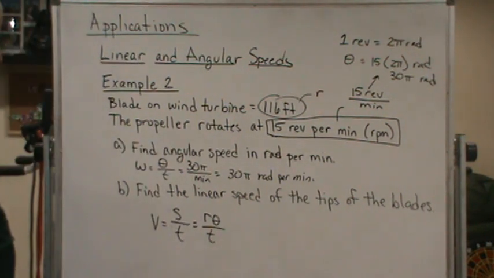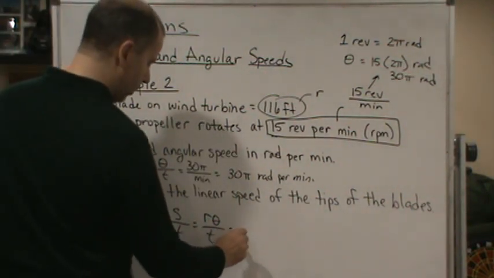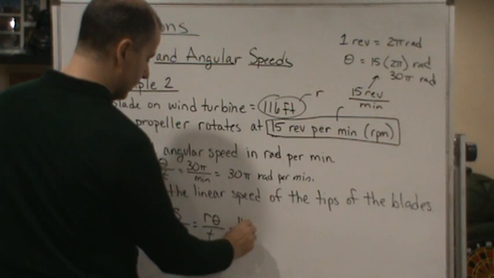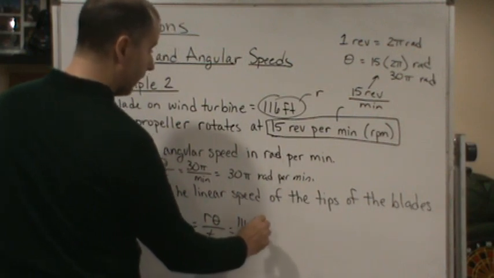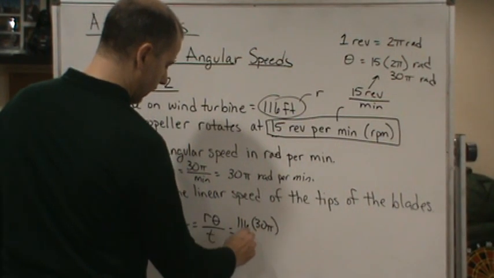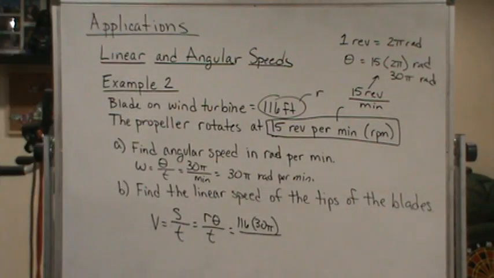So then we can plug this in. We know theta now. So r is 116, and theta is 30 pi, and then time is 1 minute.